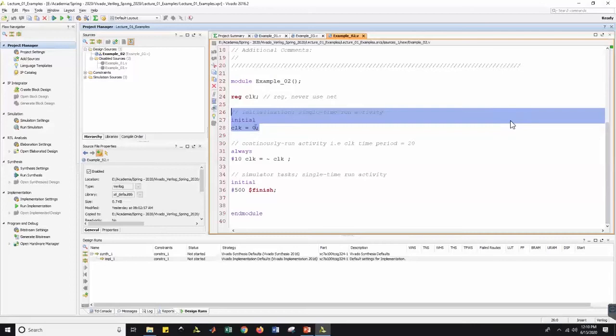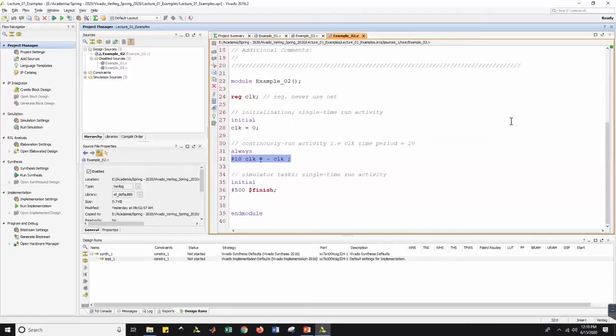So at t equals 0, clock value will be 0, and after every 10 time units, the clock value will be toggled. If we are not mentioning this 10, then time will not be advancing. After every repeated activity, it will start from 0, and there will be no advancement of time. That's why we have put 10 time units here.